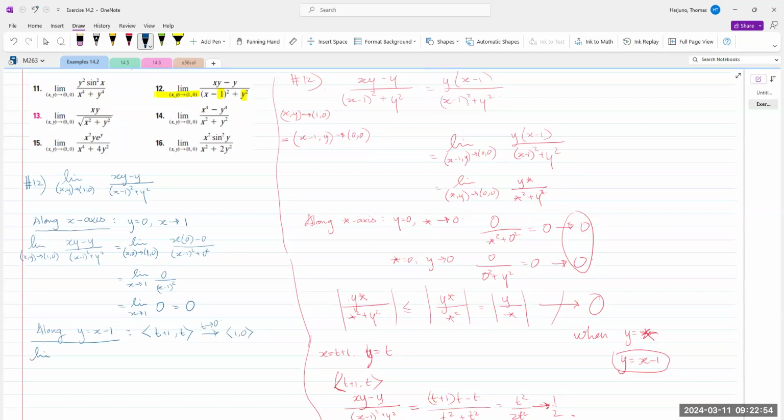So I will replace, as t goes to 0, my x by t plus 1, my y by t.